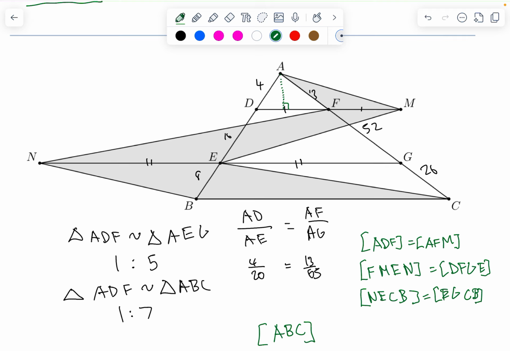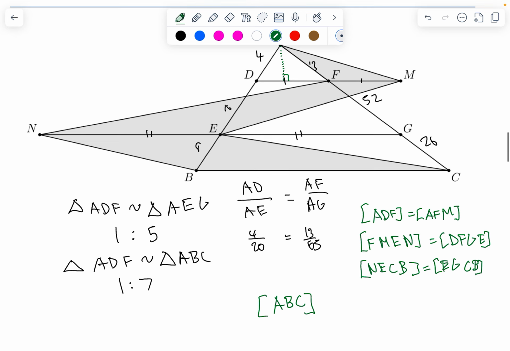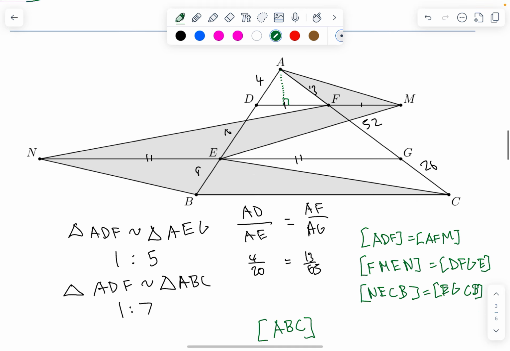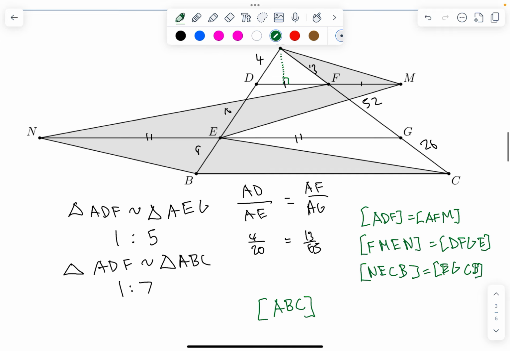Because the bases are the same in the triangles and in the trapezoids, we can boil it down. Each part of the heptagon can be boiled down to a part of the triangle ABC itself. And the entire area of the heptagon is actually just the area of the triangle, and that will only come to light if you look closely enough and try out a few things in the problem.